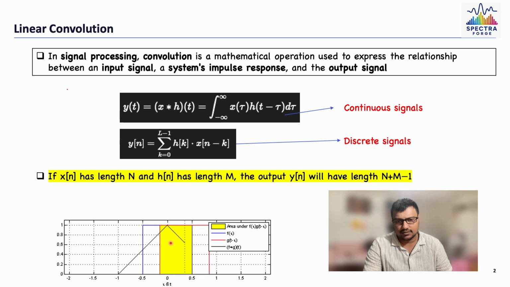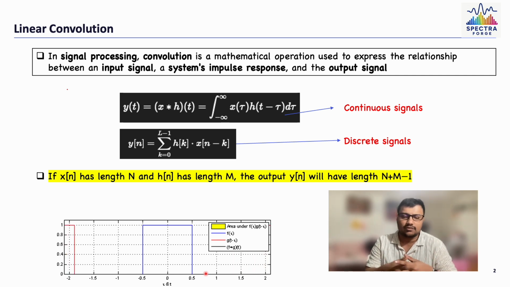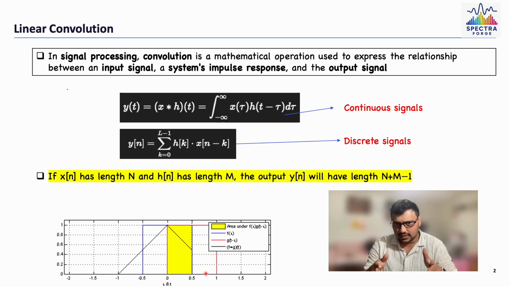You can see that this black line is spread in time. So the length of this sequence is larger than the input length, or even the LTI system's length. If the blue square is h of t, which is our system's impulse response, and the red square is our input, our output is the black triangle, which is the convolved output of the two squares, and it has spread over time.